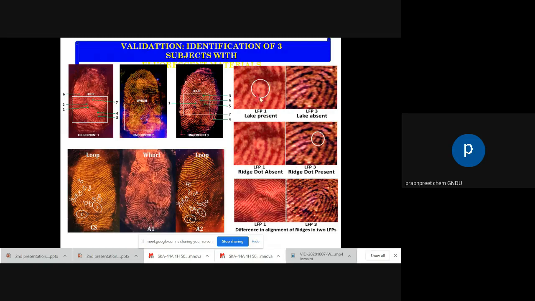In the first fingerprint, the lake is present and the ridge dot is absent, whereas in fingerprint 3, the lake is absent and the ridge dot is present. Similarly, there is a difference in the alignment of fingerprint 1 and fingerprint 3. In this way, we can differentiate the three subjects by using the latent fingerprints technique.